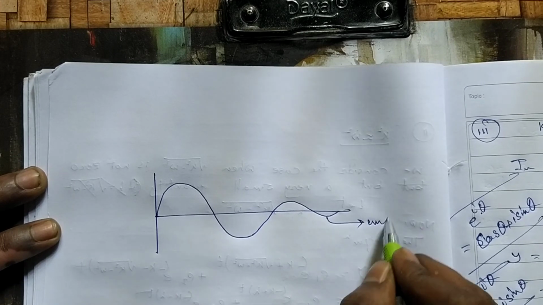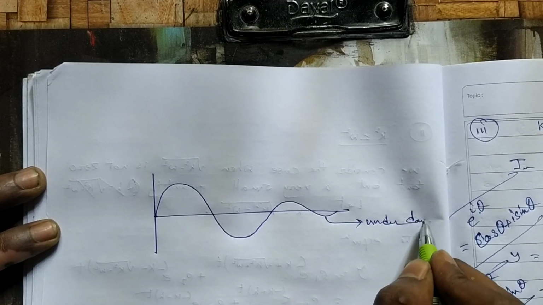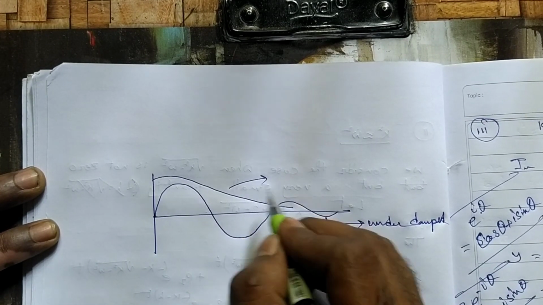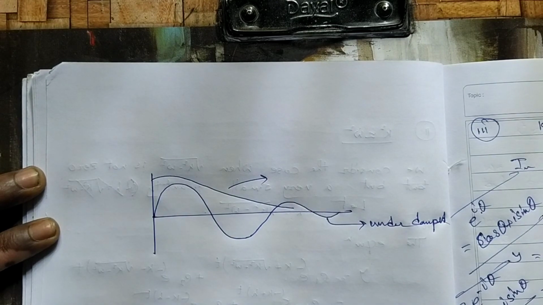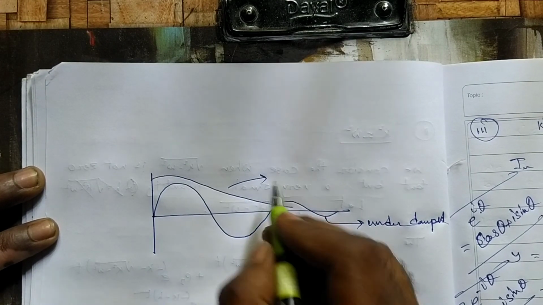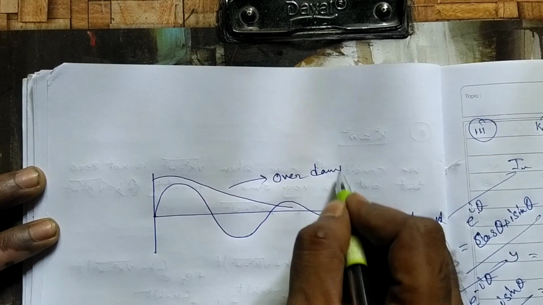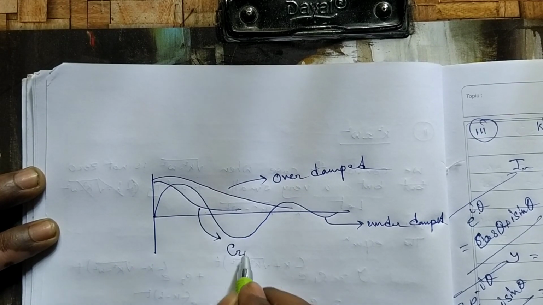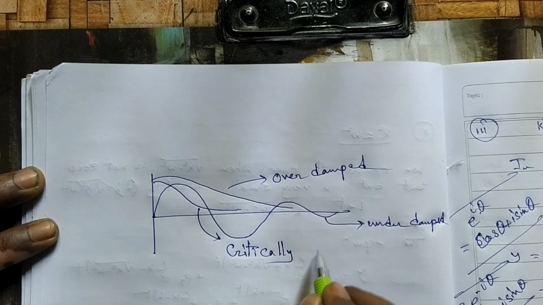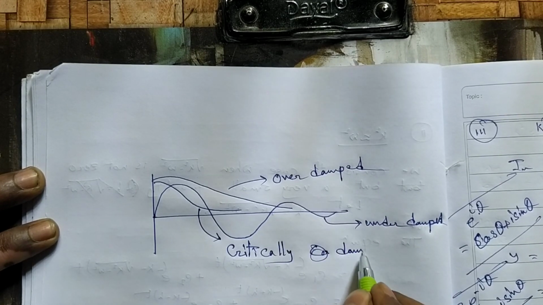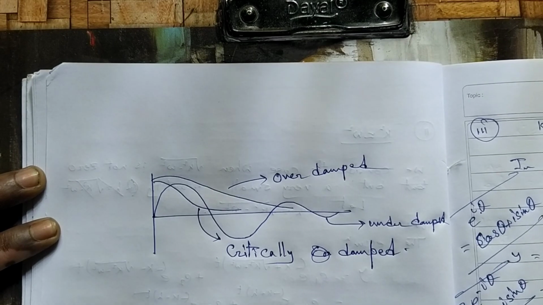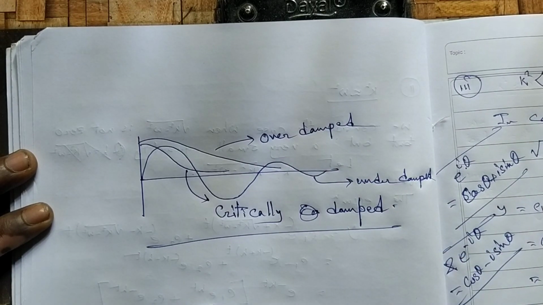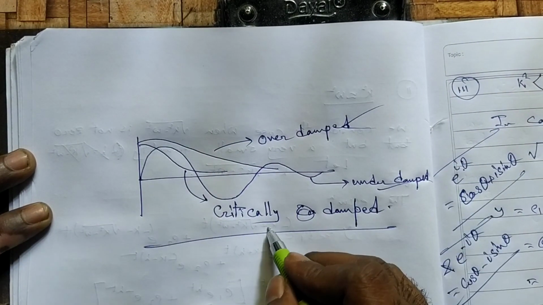This one is underdamped, this one is called overdamped, and this one is critically damped vibration.